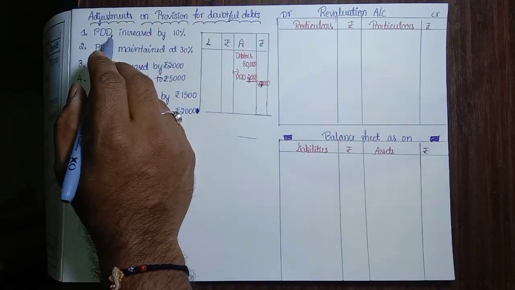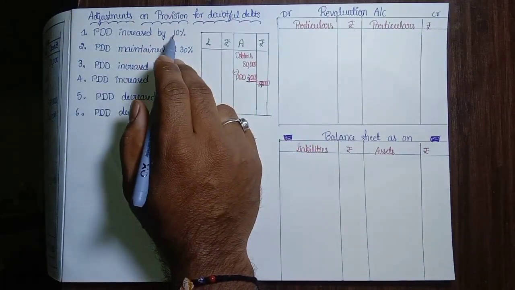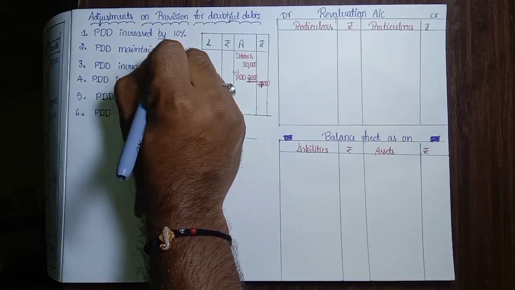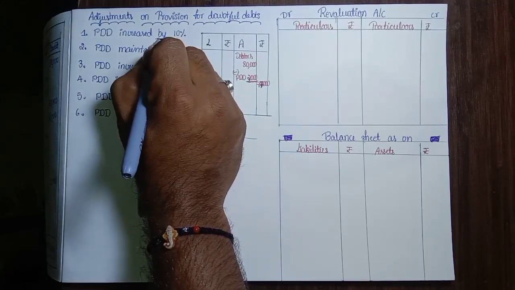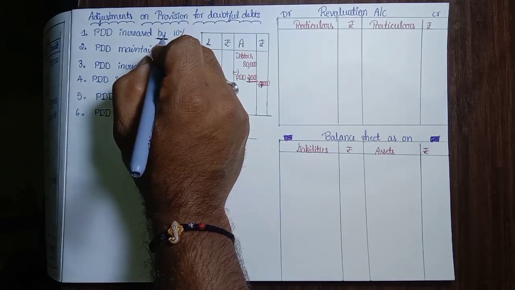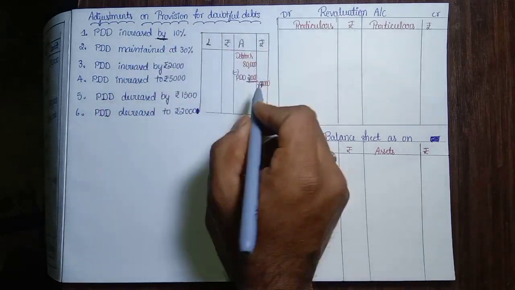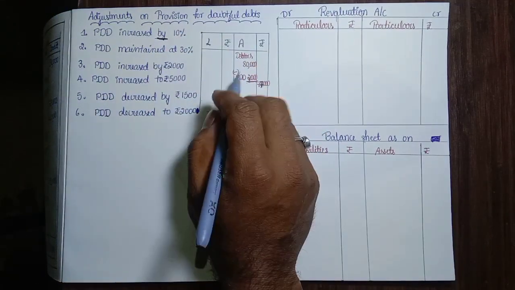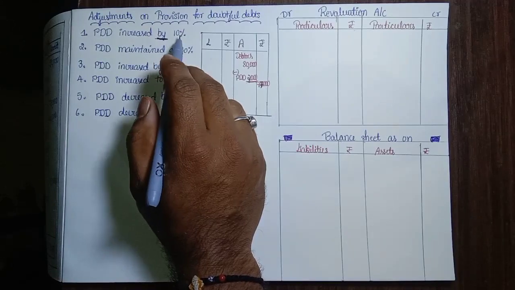First one is provision for doubtful debts increased by 10%. Here this word is important, by, which means they are already giving the difference percentage. Already we are having 3000 rupees plus 10% of debtors.